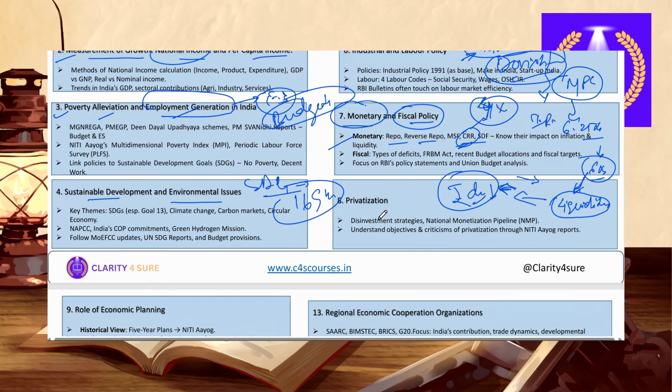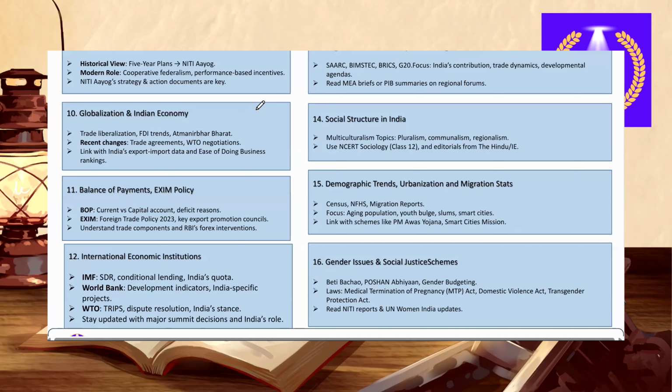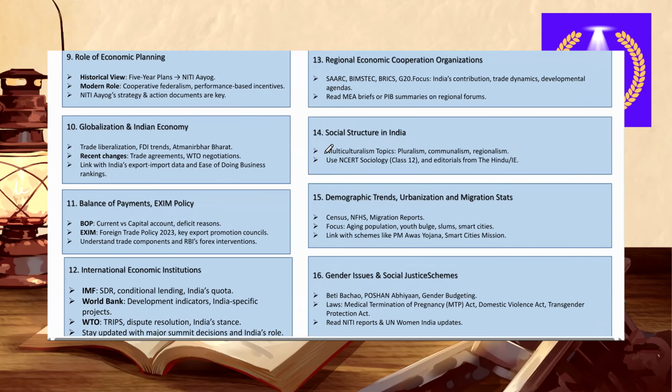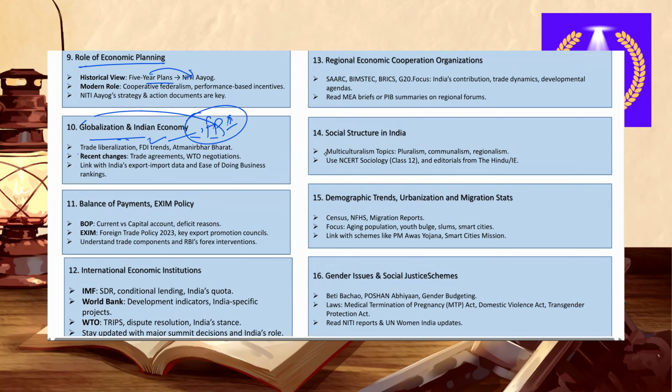Okay, coming to the next part of this ESI only. See here, at the microscopic level, you can see these things like economic planning, from the 5-year plan to Niti Aayog, the shifting, then globalization, the FDI trend in India, the FPI trend that we have seen recently in our country.